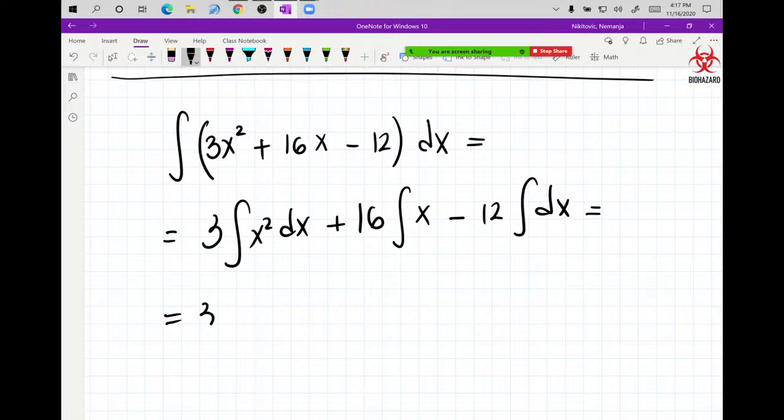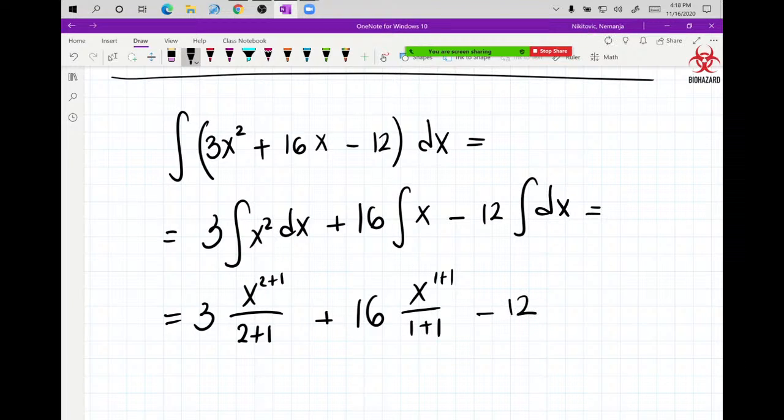All right, so we have 3, and now we're using that 2 plus 1 idea, plus 16, and here is my x to the 1 plus 1 over 1 plus 1, minus 12, and now the $1 million term over here, right? What is the integral of this?